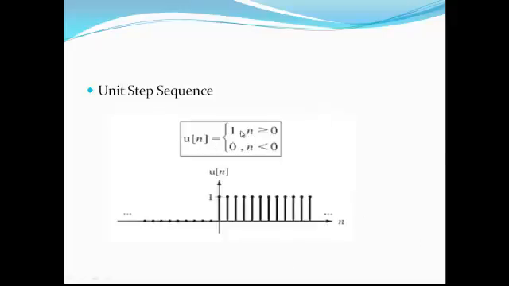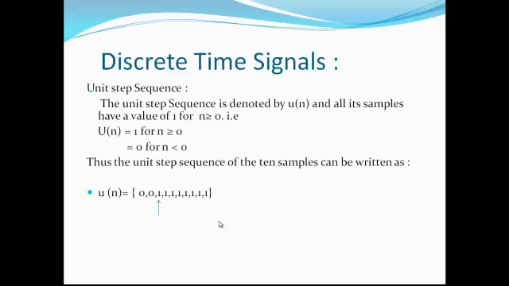So it is equal to 1 at n greater or equal to 0. Fine. It is equal to 0 at n less than 0. So for n less than 0, it will always be 0. This will be equal to 1 up to infinity. It will be throughout equal to 1 for n greater or equal to 0, starting at n equal to 0. This is what I have shown mathematically.